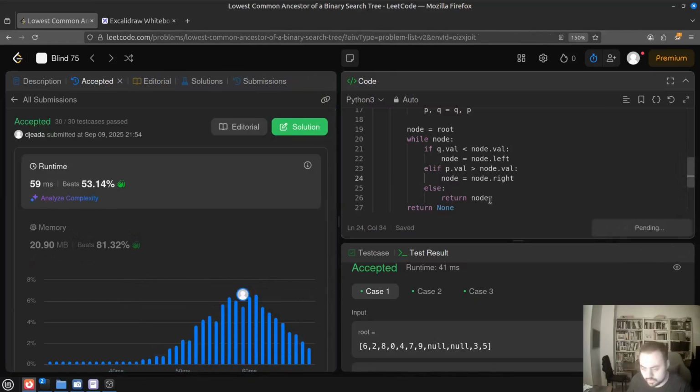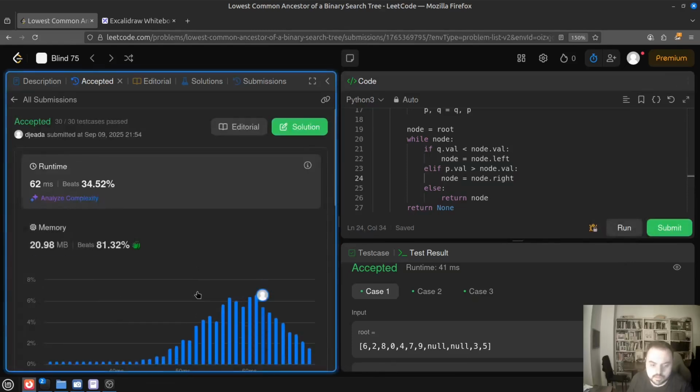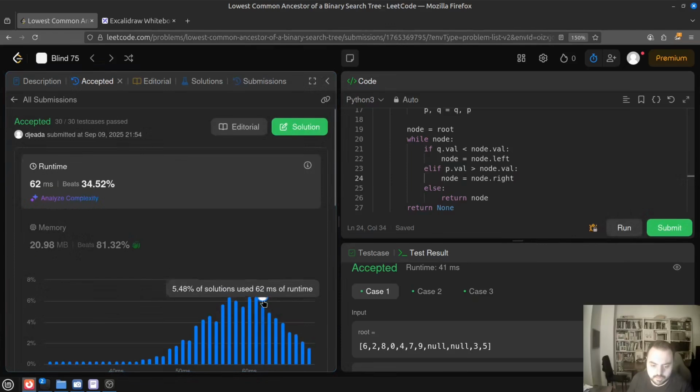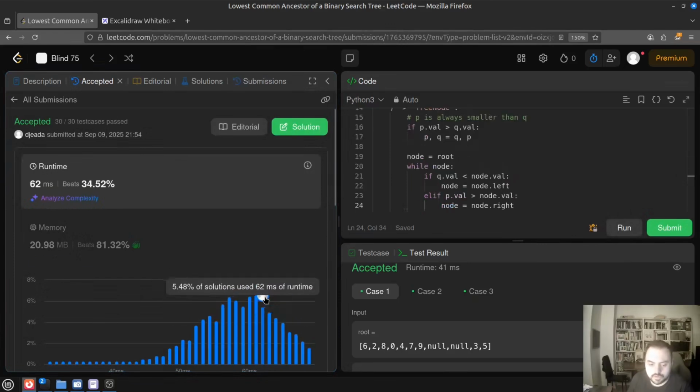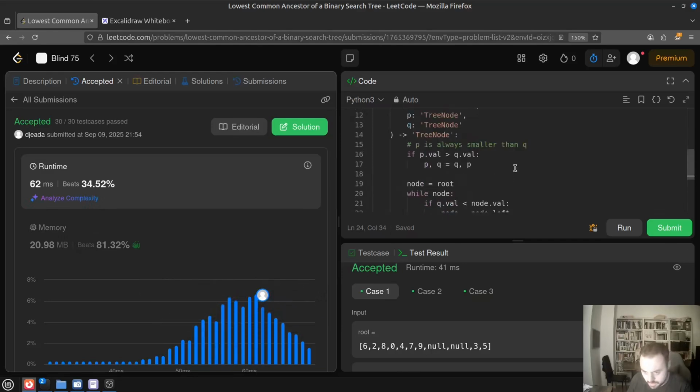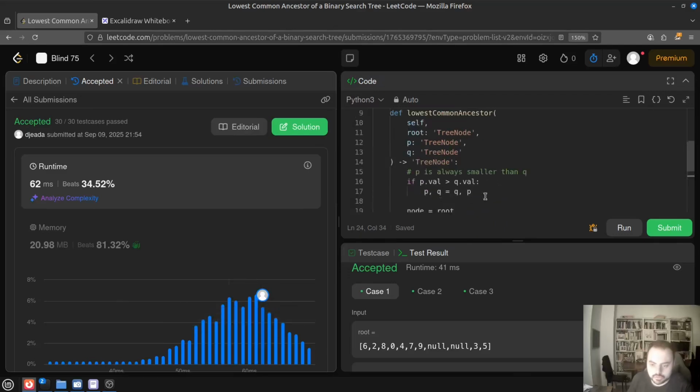So let me try to resubmit again. And in this case, we went down. But it's not always very stable. In this case, we are somewhere in the 50 to 30% region. But I think that it can also be a little bit faster compared to the other results, depending, of course, on when you submit and how lucky you are.